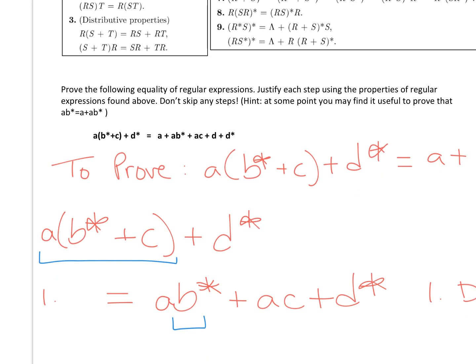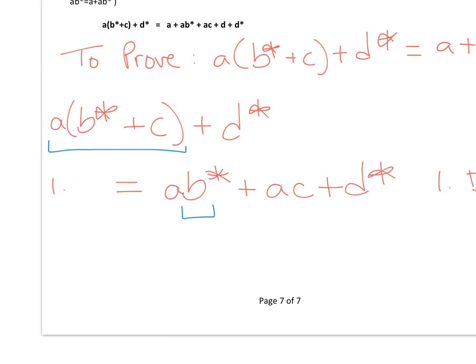So we're going to say line 2 of my proof, that's the same as A times lambda plus B star plus AC plus D star.